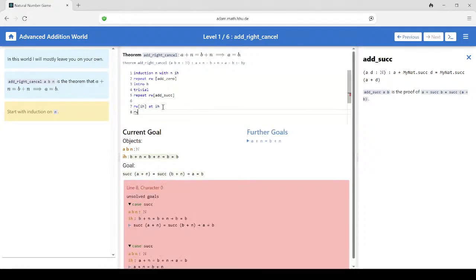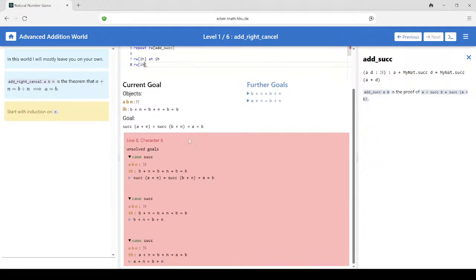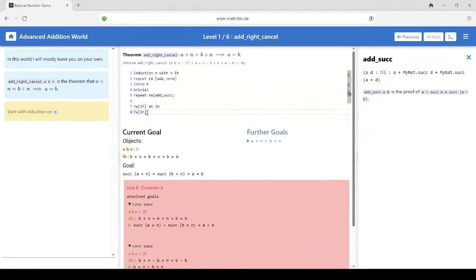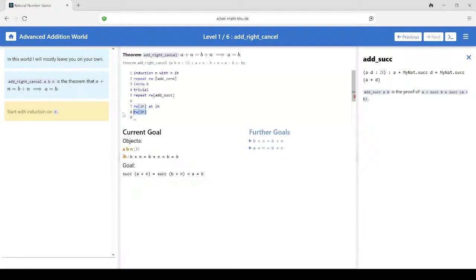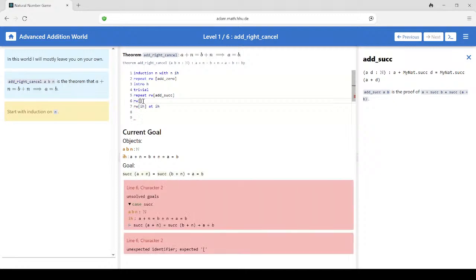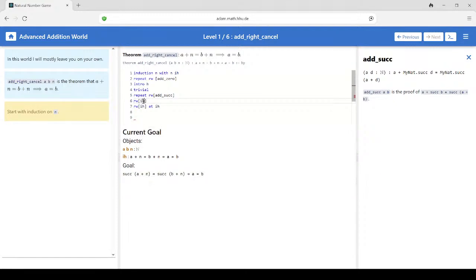If I rewrite this now, does that do anything? No. Unless... No, not unless we... We have to do it first.